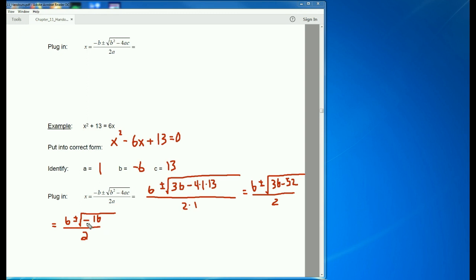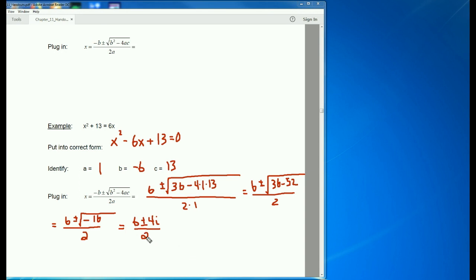Notice that we have a negative number in there, so an i is going to come out. And then we've got the square root of 16, which is 4. So it's going to be 6 plus or minus 4i divided by 2.